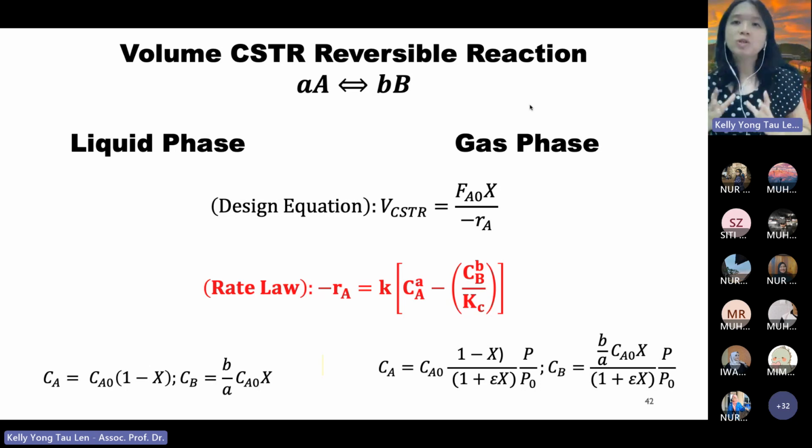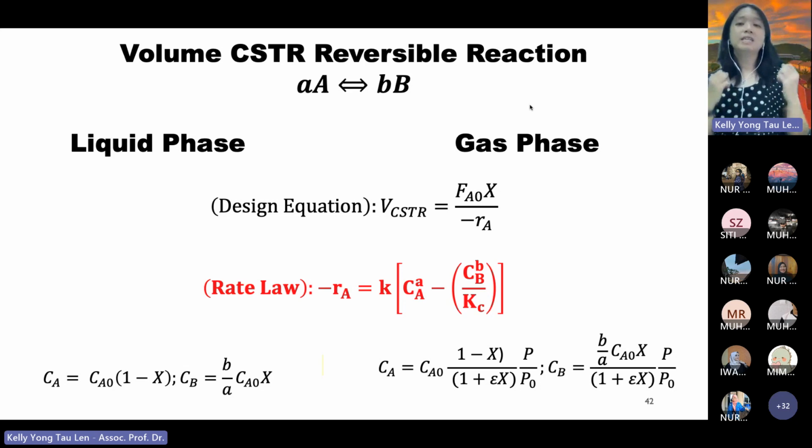We will not design our reactor based on the concentrations when the reaction has reached equilibrium. We will run and design it so that it only runs before it achieves the equilibrium conversion.